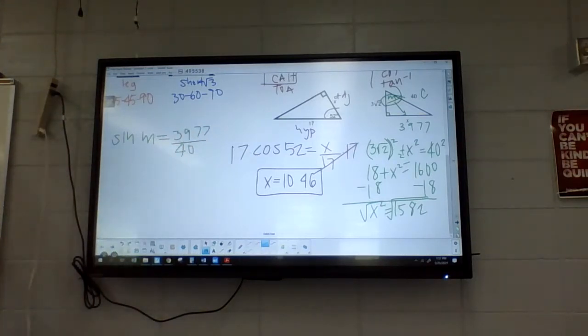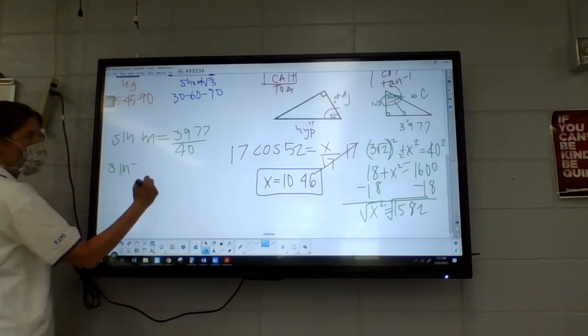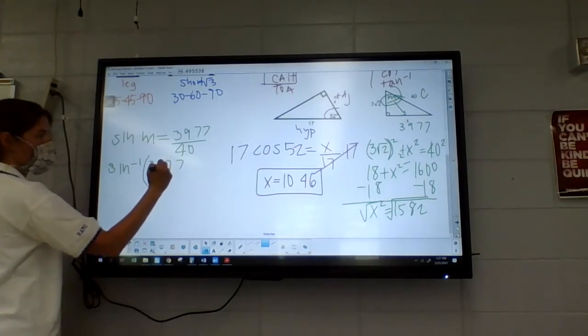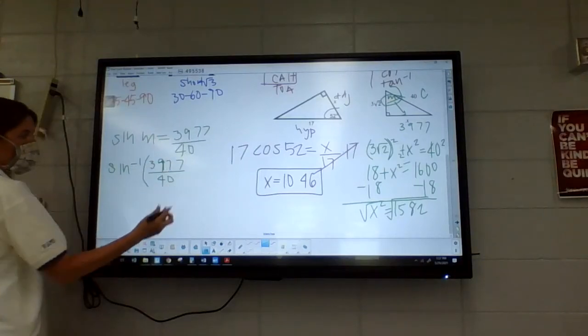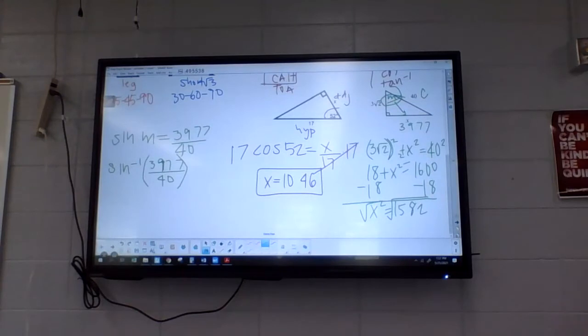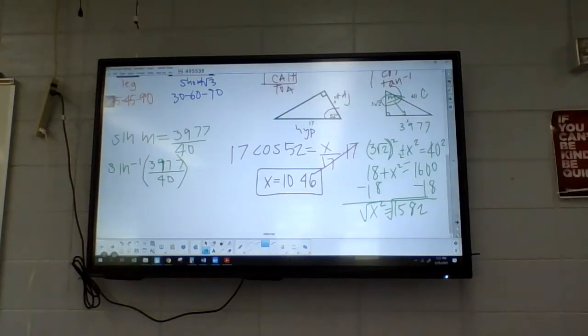So when I'm trying to find that angle, this is where we use the inverse sine. So we get about an 84-degree angle for that, 83.8.